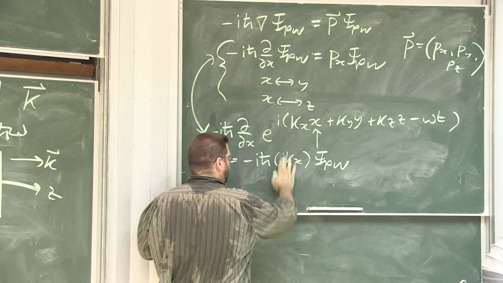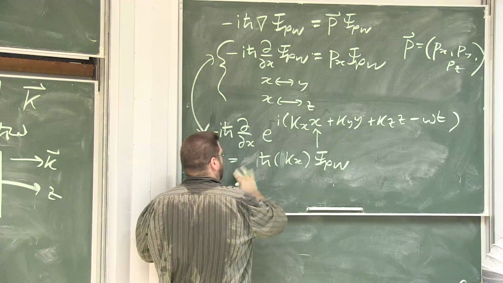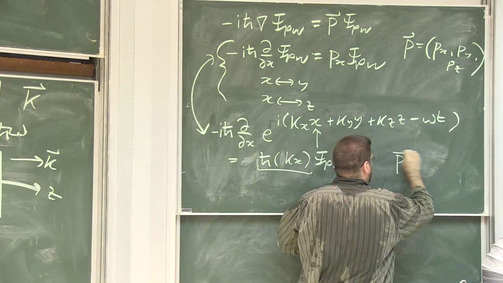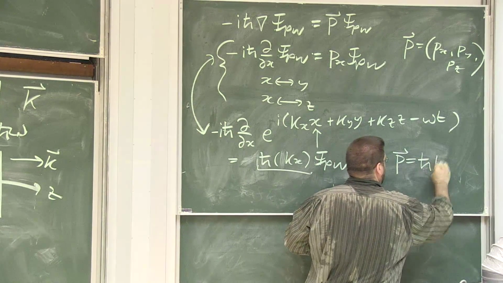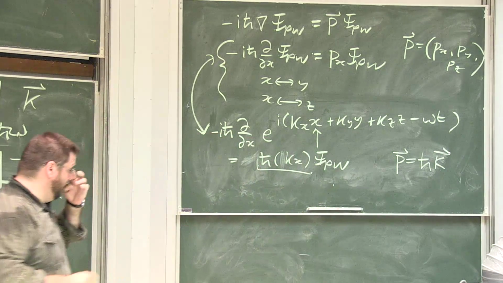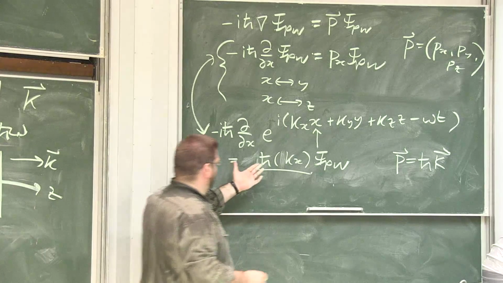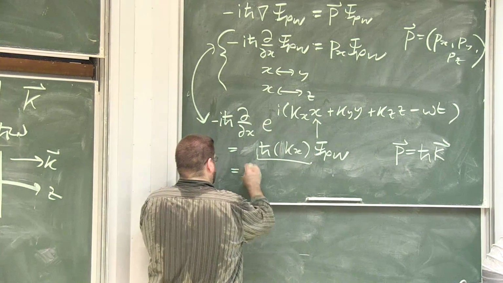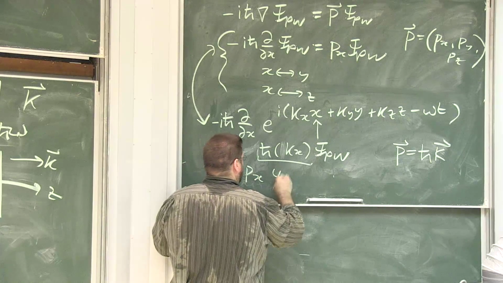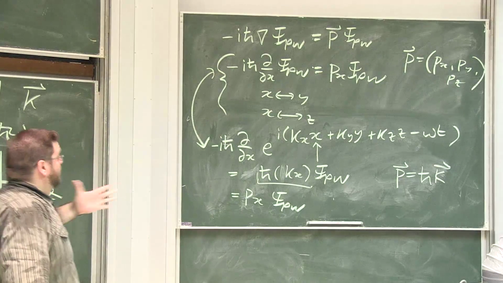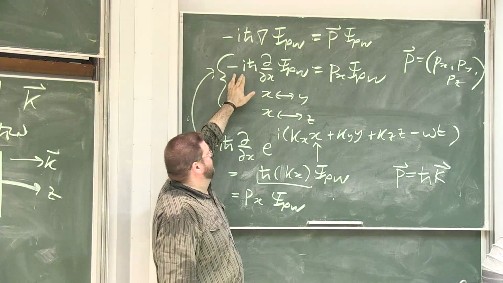Minus i squared, again, is 1. For this h bar k, we remember the formula that the wave vector k is proportional to the momentum p of the plane wave. So this is nothing more than the x component of the momentum, which is precisely what we wanted to prove. And so we've proven this first equation.